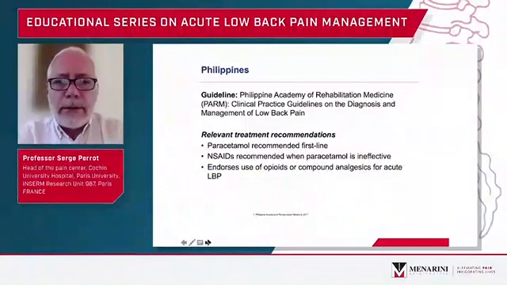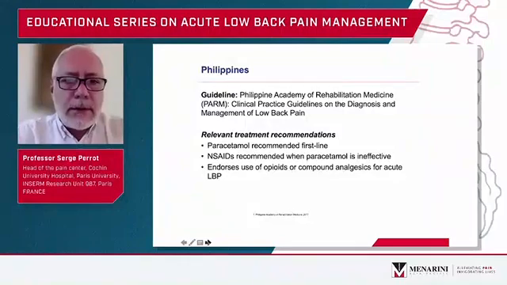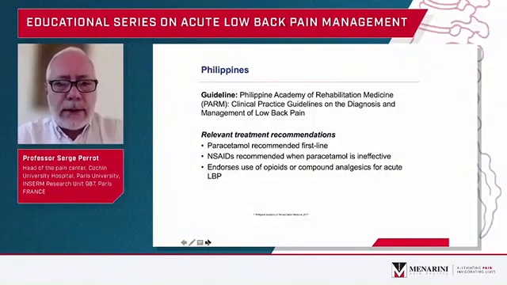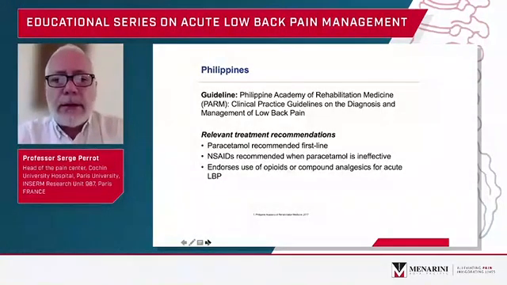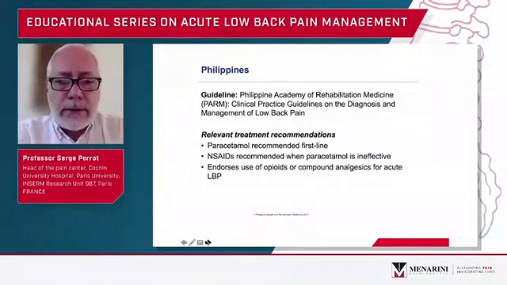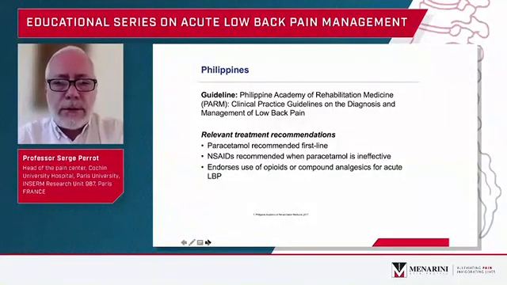Here you can see that in the Philippines, the guidelines recommend paracetamol as first-line treatment for back pain, but then NSAIDs when paracetamol is ineffective, and the use of opioids, mainly weak opioids, is also recommended when NSAIDs and paracetamol are not effective enough for acute low back pain. These are the Philippines recommendations.